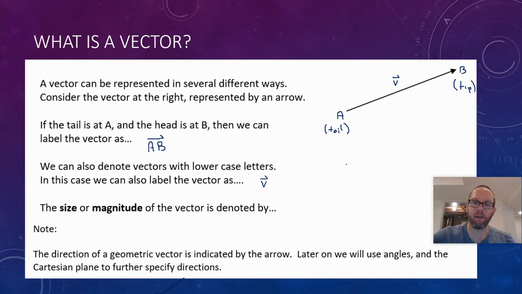The size or magnitude of a vector is denoted by what you guys are used to as the absolute value symbol. So when we want to know the length or the size of this vector, we use these symbols as well. Now you have to be careful in the context of it. If the argument is a vector, then it's the length of a vector.